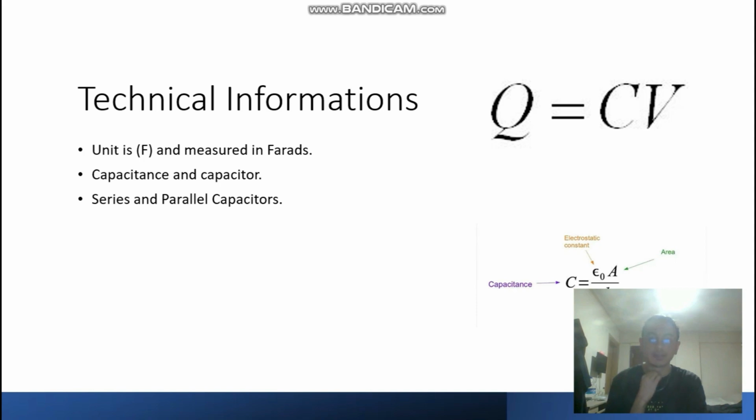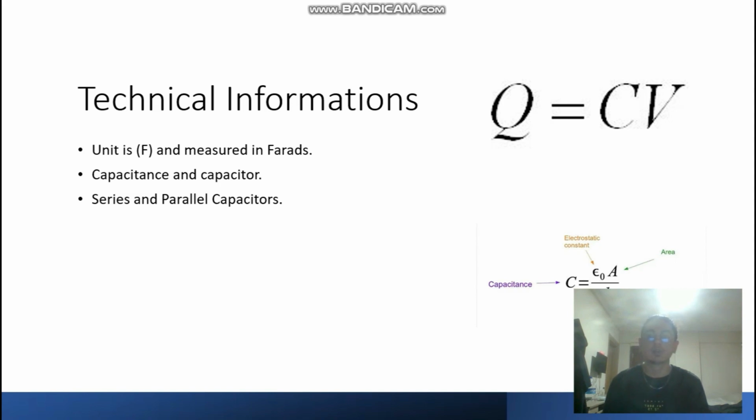And now technical information. You can see the formulas here. Q is the charge in the circuit, C is the capacitance, and V is the voltage, and the unit is the farad, measured in farads.